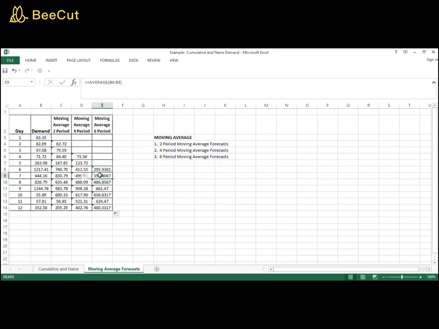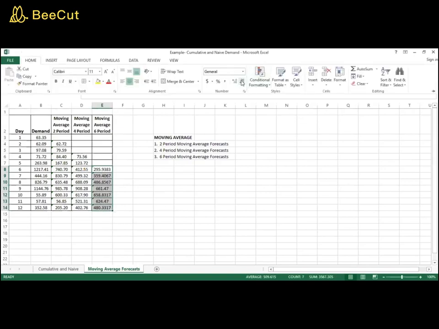And so period 7 is actually an average of 1, 2, 3, 4, 5, 6, right? If you take an average of these figures that I've highlighted over here, that will equal 359.4067. And again, I want to make this 2 decimal points.